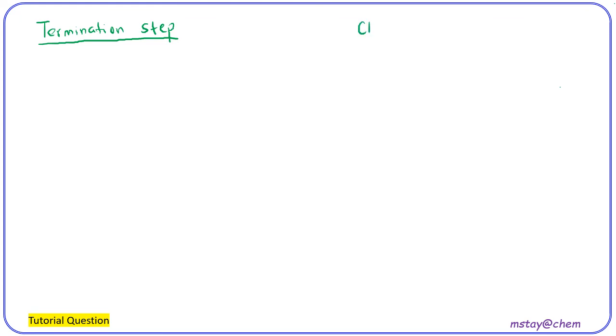Just now we had this free radical, CH3, CH, CH2, CH3 free radical, and another free radical, the bromine free radical.